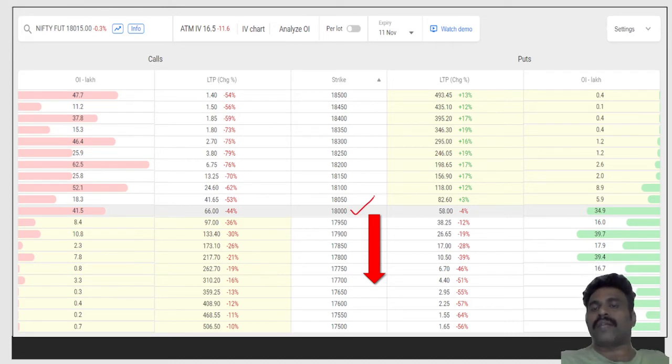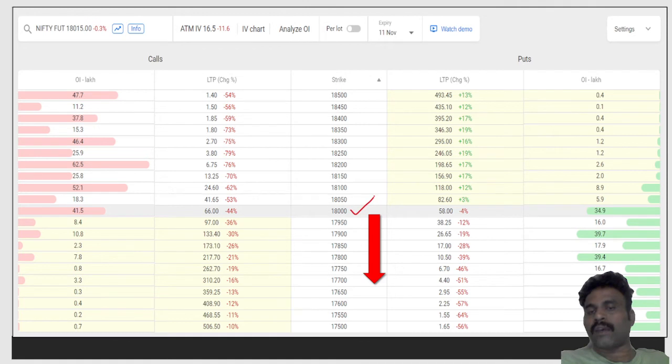You need to cover it, right? What in case the market reverses back? It did not behave the way you thought. You thought the market would go down, but instead of going down it went up. Then your losses would be huge. So to cover that, we will sell a put option as well.